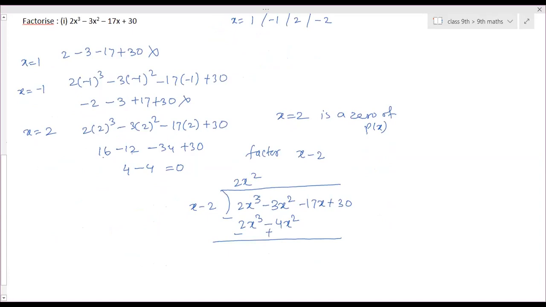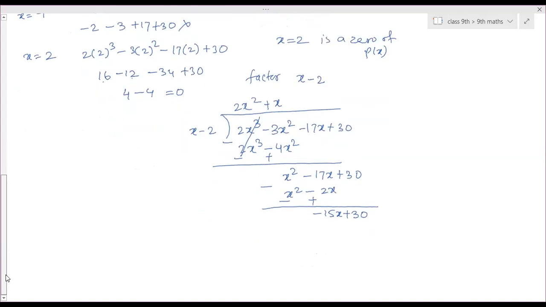Minus minus plus. This gets cancelled. This is plus x square minus 17x plus 30. So plus x is the quotient. So x square minus 2x, subtraction minus, this is plus. So minus 15x plus 30.